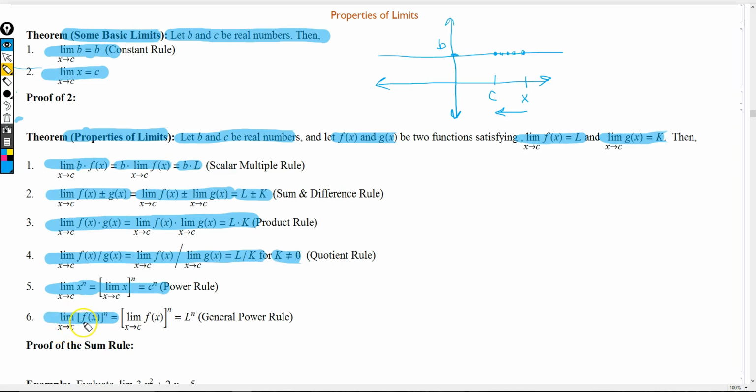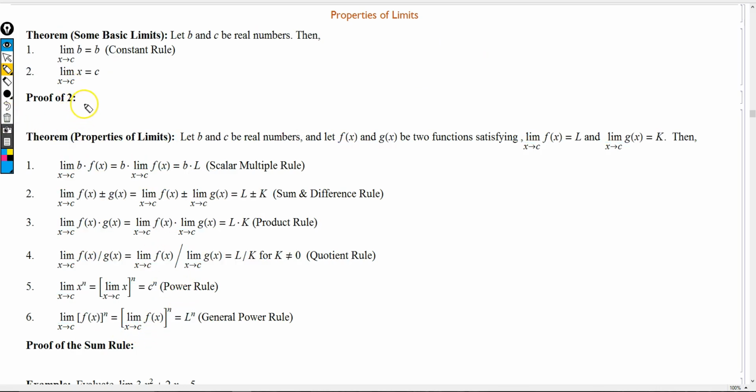Limit as x approaches c of f of x to the nth power, you can move the limit in with the f underneath the exponent, like this. And then that's just going to be L to the n, because f is approaching L as x is approaching c. That was assumed.